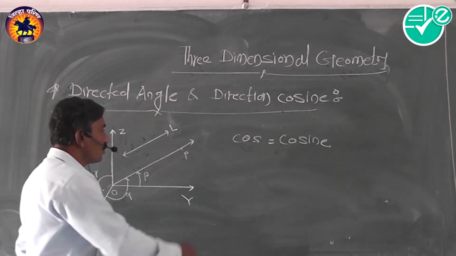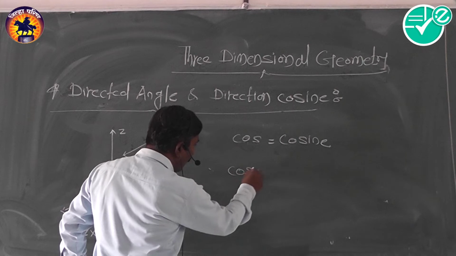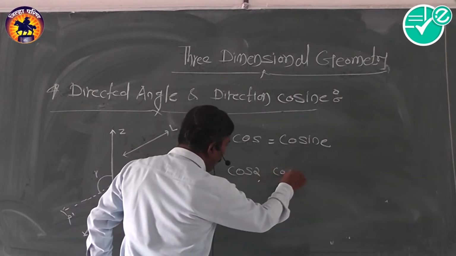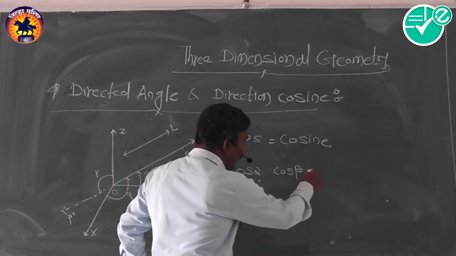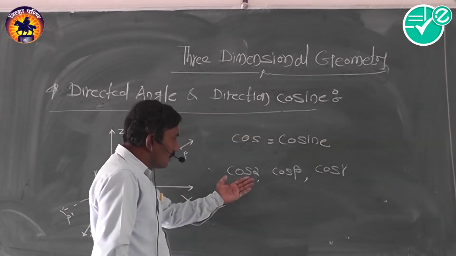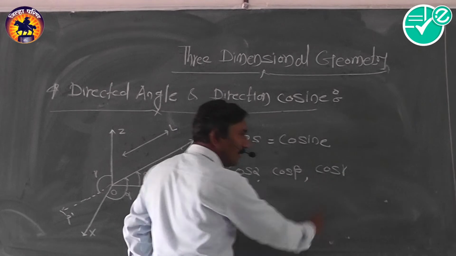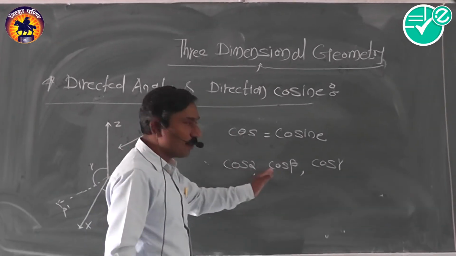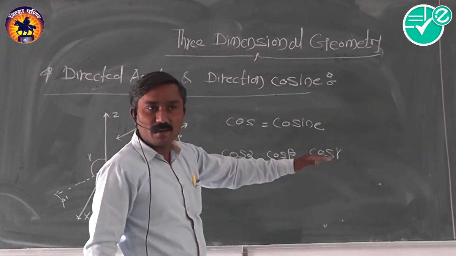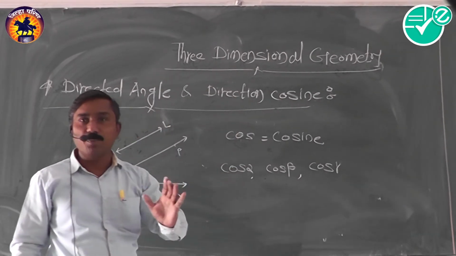Therefore, we can say that cos alpha, cos beta, cos gamma are called the direction cosines of the line.